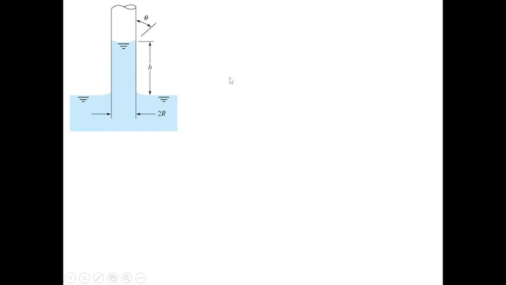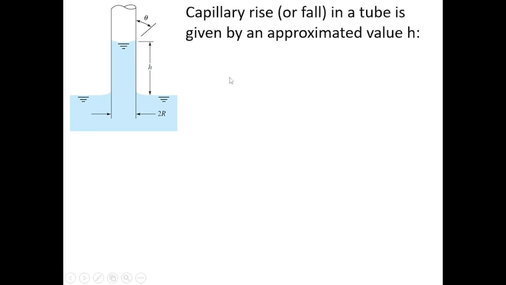We have here capillary rise or fall. The capillary rise or fall in a tube is given by an approximated value h. So how do we compute for h? That can be obtained by using this formula.